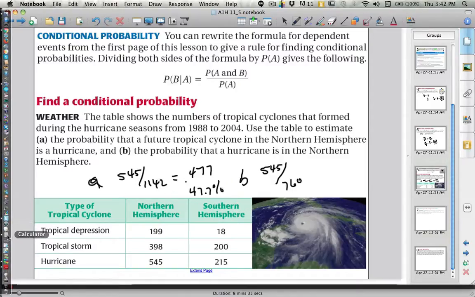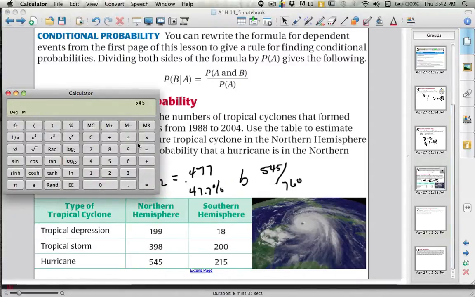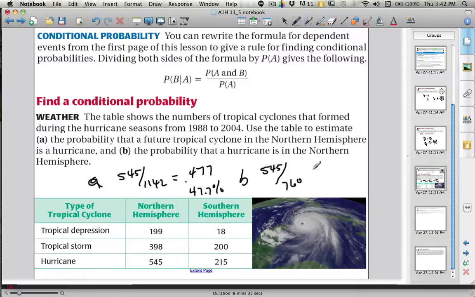And the probability of B is 545 divided by 760, which is 0.717, or 71.7%.